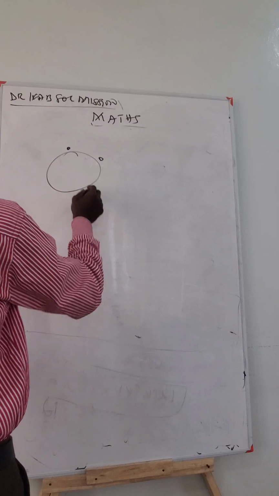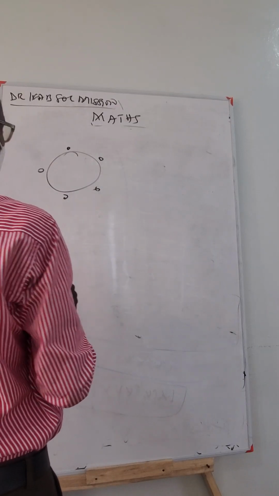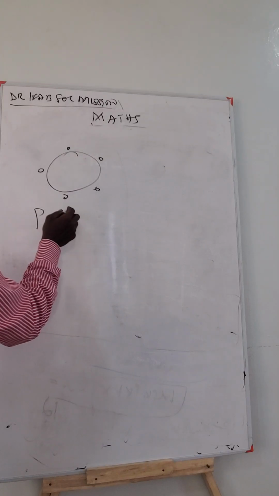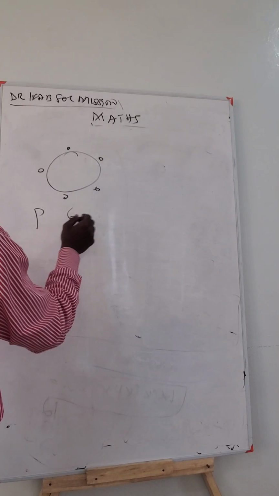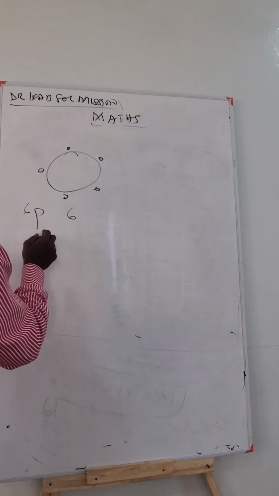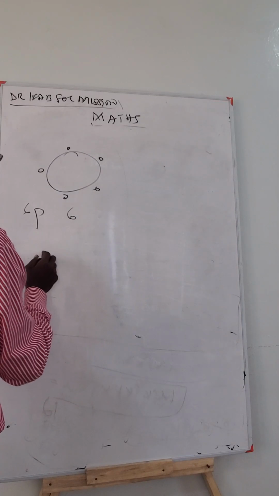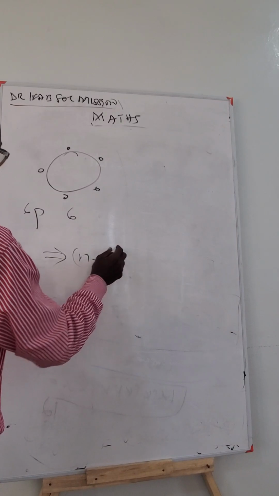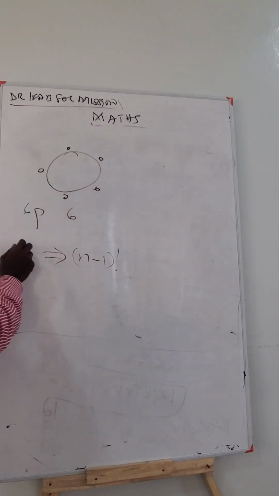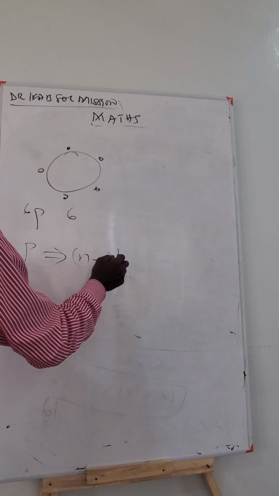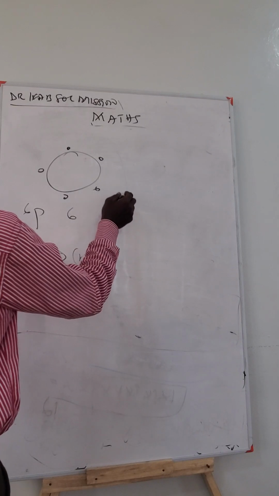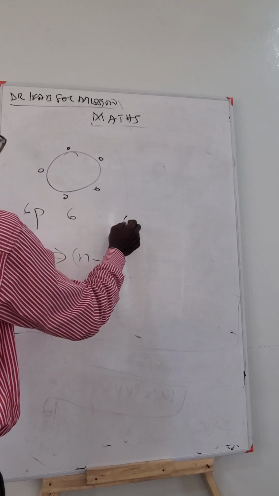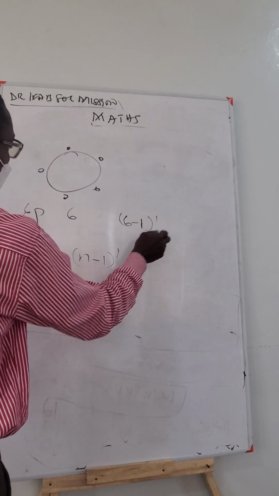When it comes to around-table arrangement for permutation, if you have 6, the arrangement simply becomes n minus 1 factorial. So if you have 6 people to arrange around a table, the factorial is 6 minus 1 factorial, which is 5 factorial.